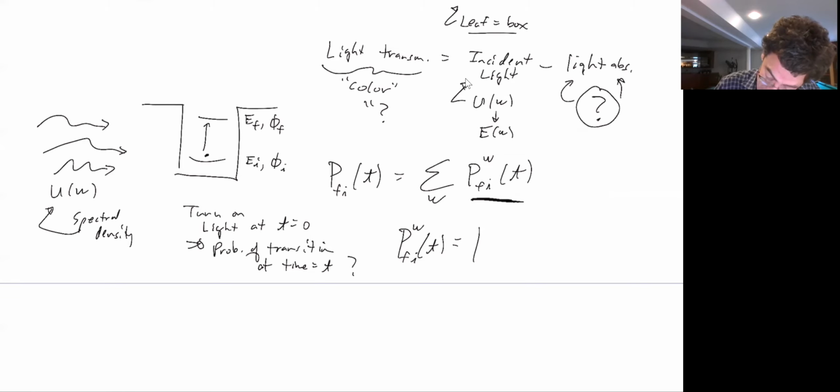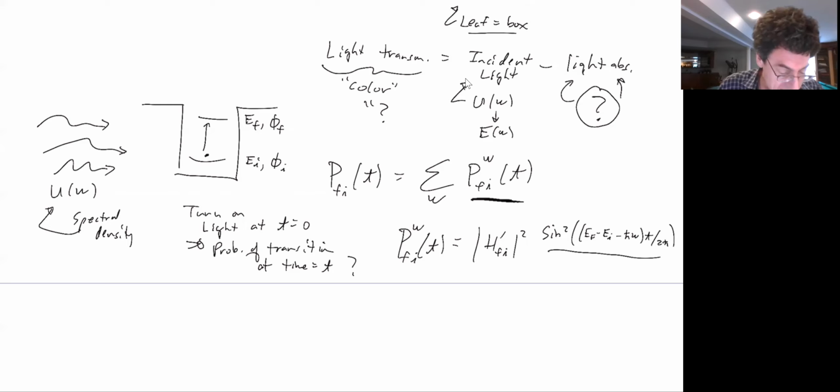It's the matrix element of the perturbation that takes me from the initial to the final state squared times sine squared of the energy of your final state minus the energy of your initial state minus the frequency of the sinusoidal perturbation, times time over 2 h bar, divided by that same thing in the denominator, (EF minus EI minus h bar omega) squared.